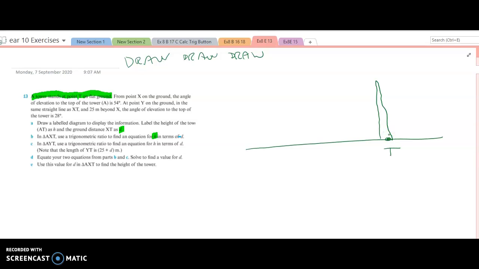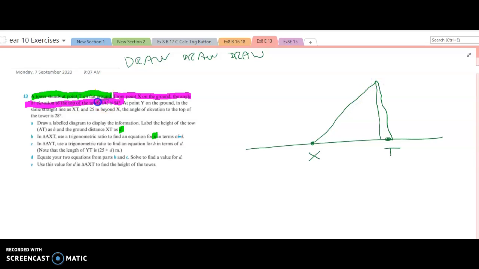So we did that. From point X on the ground, the angle of elevation to the top of the tower is 54 degrees. So somewhere along this, because remember elevation is to look up, so we need to find a place, say about there, and when we look up, that looks about 54 degrees.